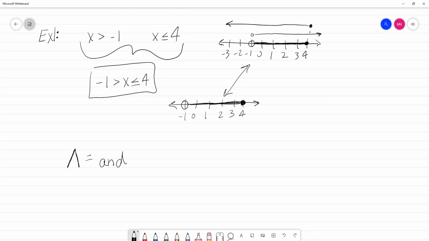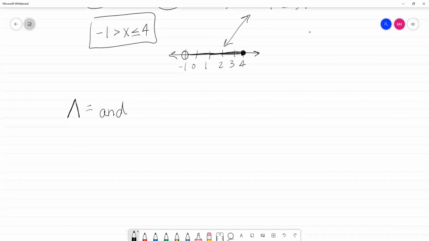We'll get into the one that looks like a V, which means or, later. If we give you something like example 2, it says graph and state the solution to x is greater than or equal to 5 and x is less than 0. See what that looks like.